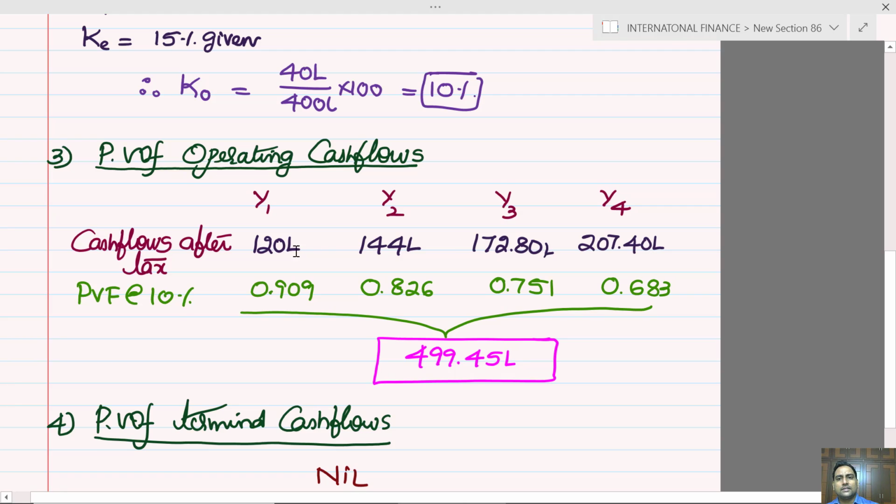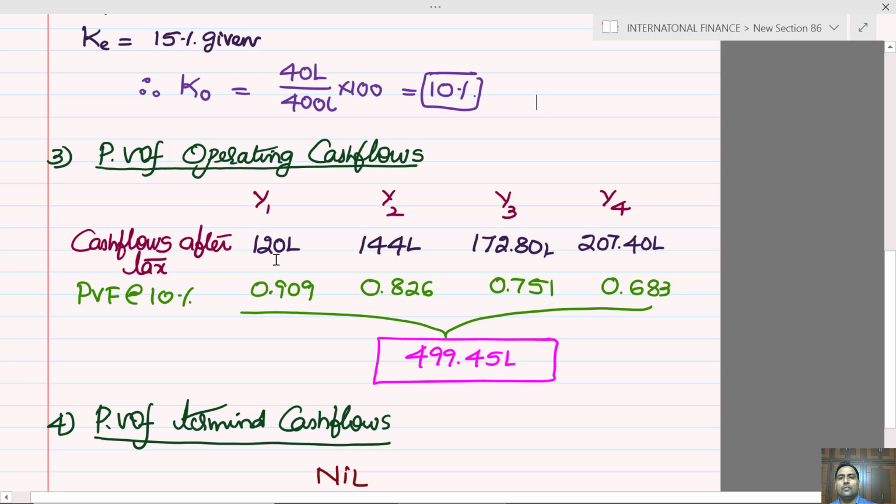This 120 lakhs is useful for two things: to recover my investment, and at the same time to recover my interest. See, how much interest must I get from the project? So this is minimum 10%.